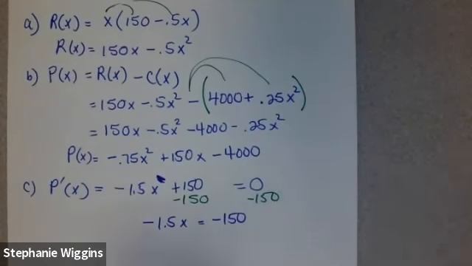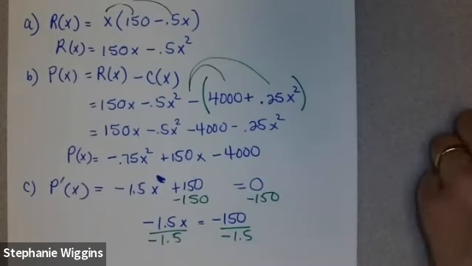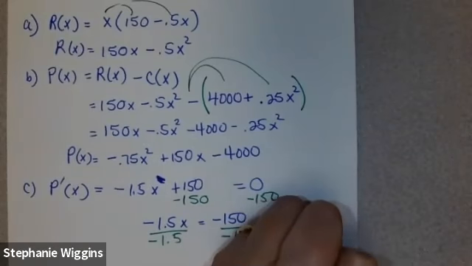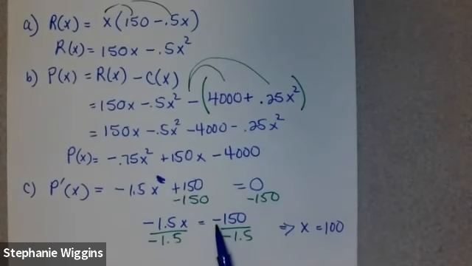Now I can divide both sides by negative 1.5. And that's going to give me x equal to 100, right? Negative 150 divided by negative 1.5 is going to be positive 100. So this number of units produced and sold is going to give me the maximum profit.